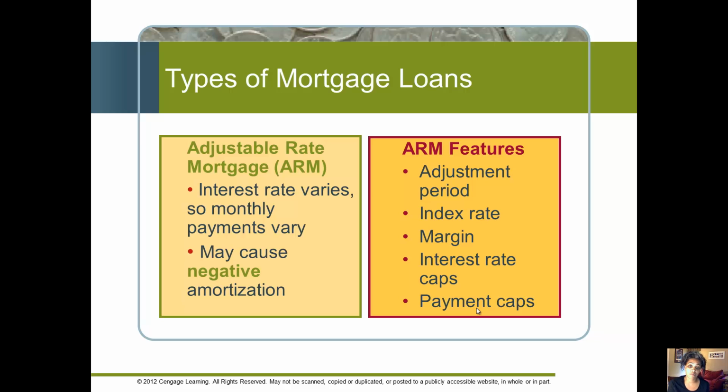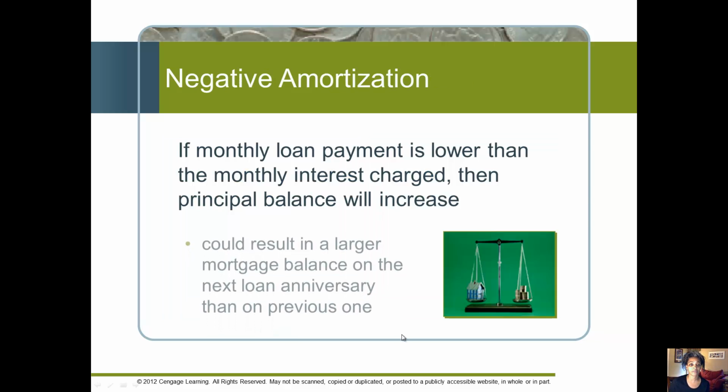The features that they provide include an adjustment period that dictates how these interest rate changes can occur, an index rate, so the interest rate would change relative to some index, and some other features specific to that loan, such as margin, interest rate caps, so the highest the interest rate could climb to, and payment caps, the highest payment that you could have.